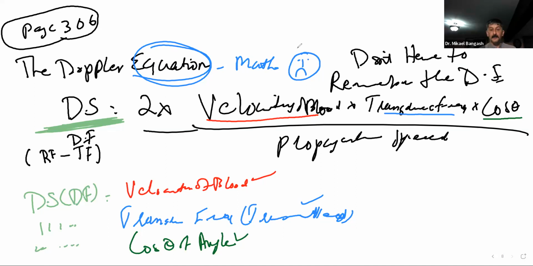So what did that tell you? That all these three fellows here are going to be directly proportional to your Doppler shift.